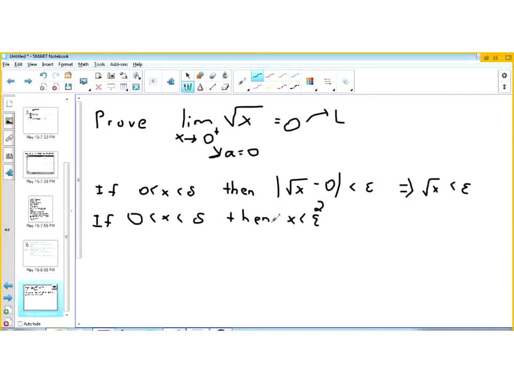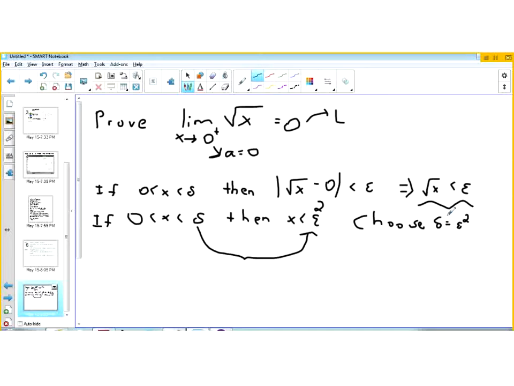So we're an epsilon squared distance from the output. Basically what I did was square both sides. So it's almost trivial now. Our choice for delta would be epsilon squared. So choose delta equal to epsilon squared.